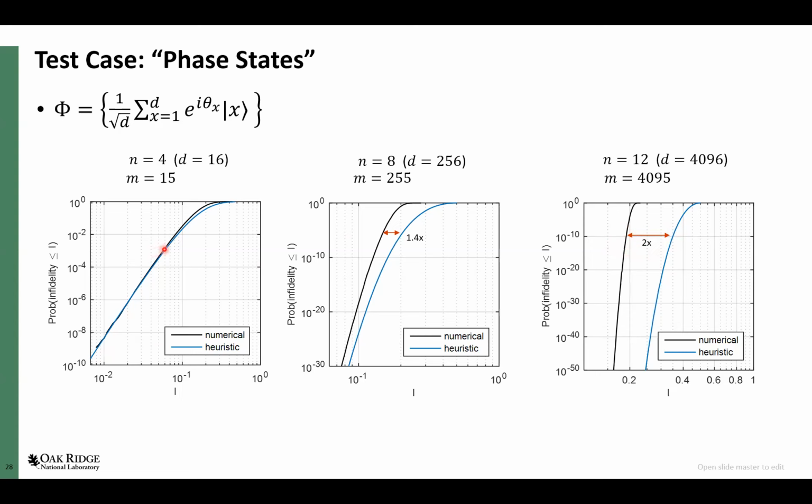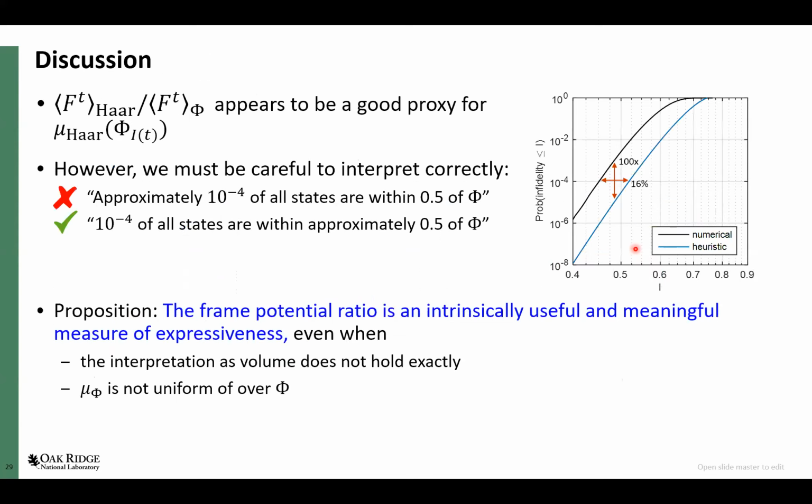So it starts off very accurate, and it's off by a small factor as we go to large numbers of dimensions. But still, the bottom line is that using this frame potential, interpreted as a fuzzy volume, is a pretty good proxy for the fraction of states that we can approximate to a given infidelity using a parametric circuit.